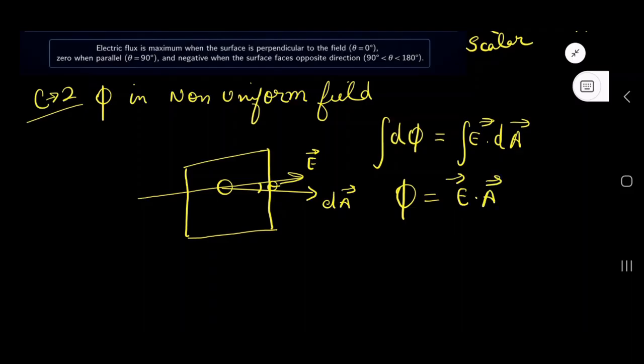So it will be our flux from the non-uniform field. Now in the next class we'll understand the Gauss law, which will be easily understood if we understand this electric flux quantity. Okay, so in this video we'll study till here, and till then keep learning. All the best.